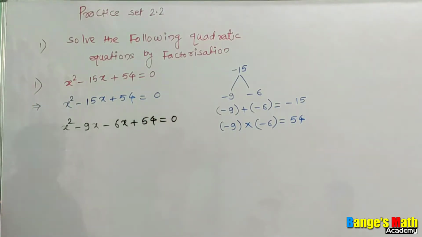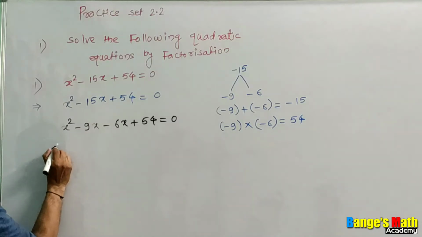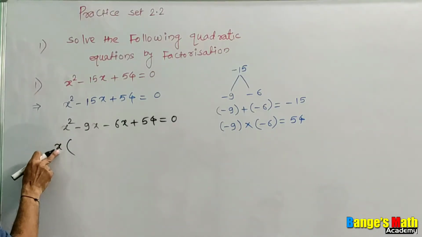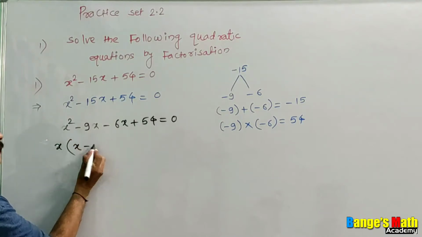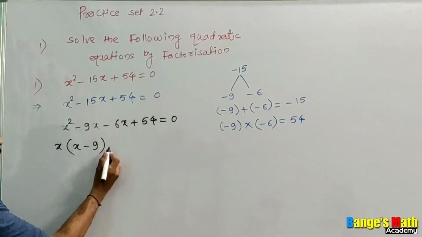Then see, taking common factor from these two terms, we can take x as a common factor. Taking x as a common factor, then divide x square by x, minus, then divide 9x by x, we get 9.